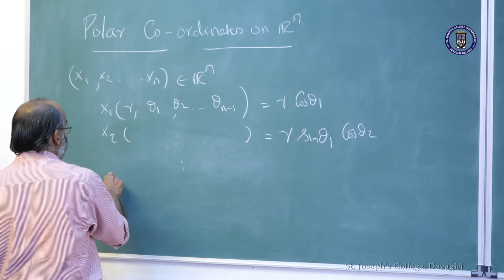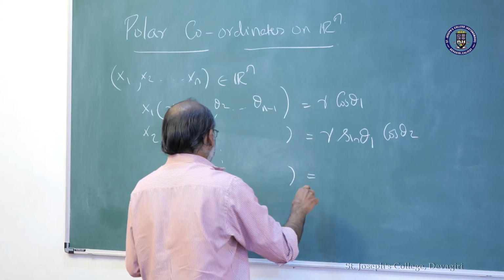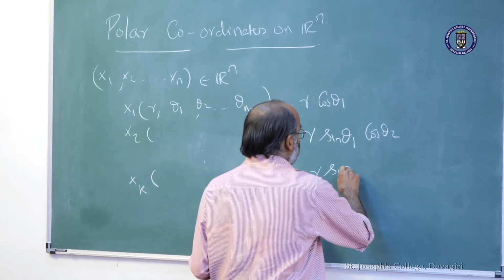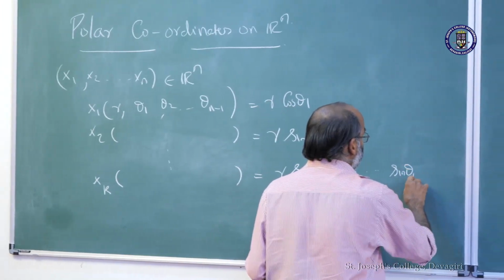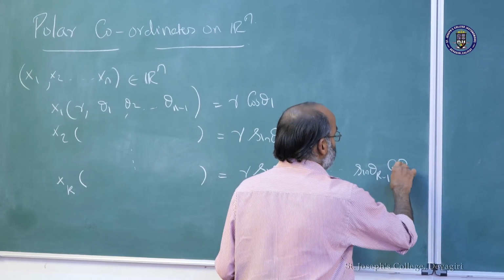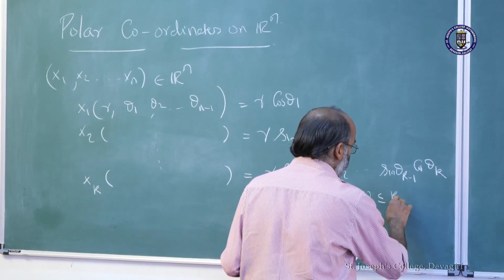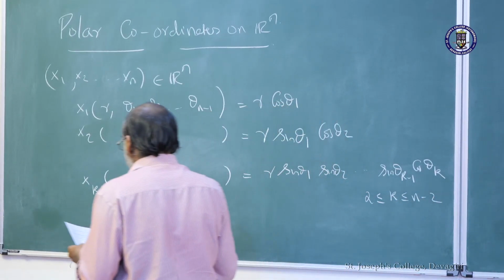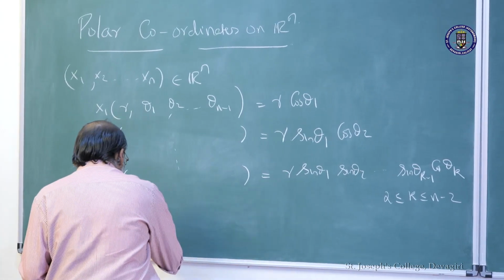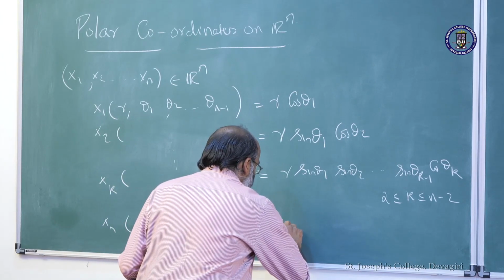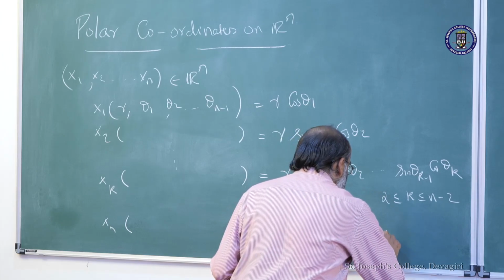So the general element xk is equal to r sin theta 1, sin theta 2, etc., sin theta k minus 1 cos theta k, for k between 2 and n minus 1. And of course the last one, xn, is r sin theta 1, etc., sin theta n minus 1.